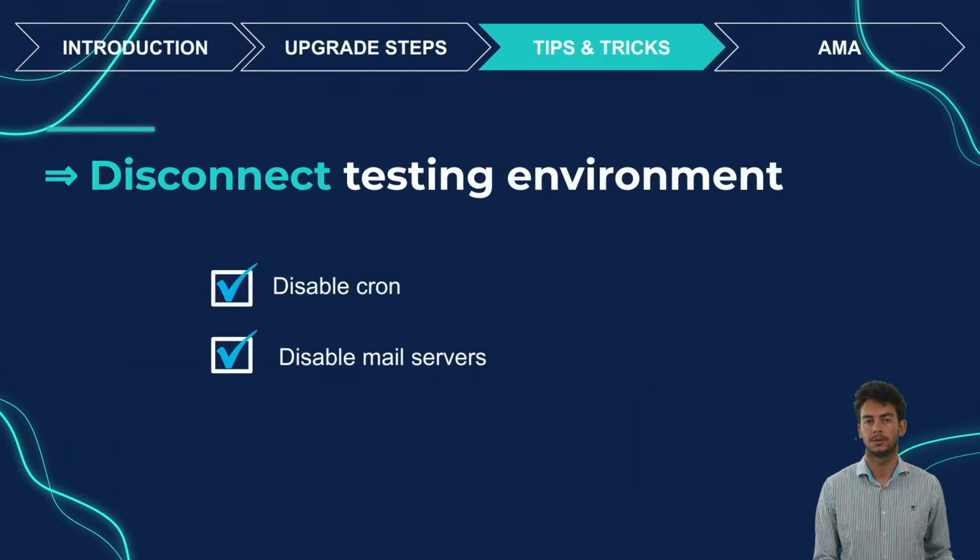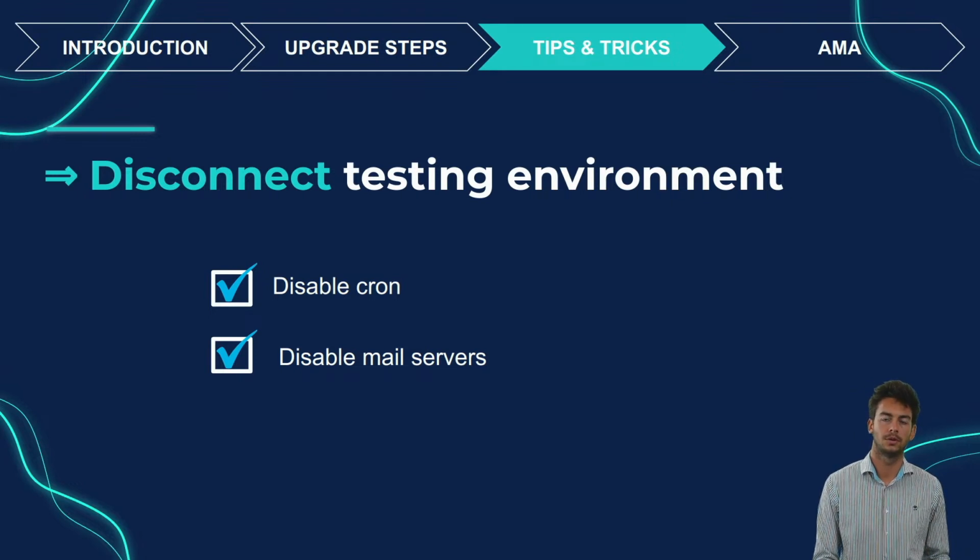What you should do also is to disconnect your testing environment. So disable your cron, disable your mail servers to avoid any interaction with the outside world. But of course, at some point, before going in production, you will have to re-enable them to test them. But I recommend that most of the time, you avoid enabling them in testing.